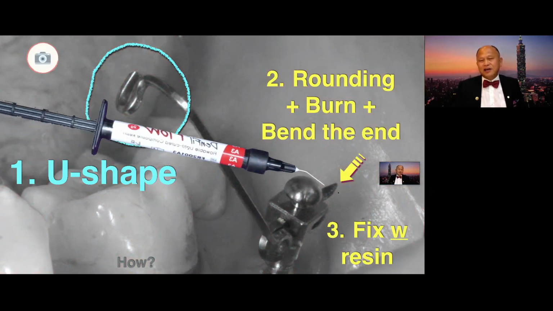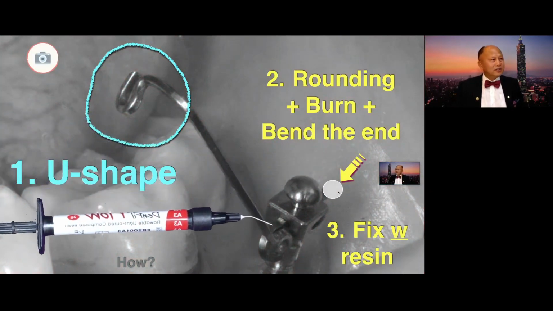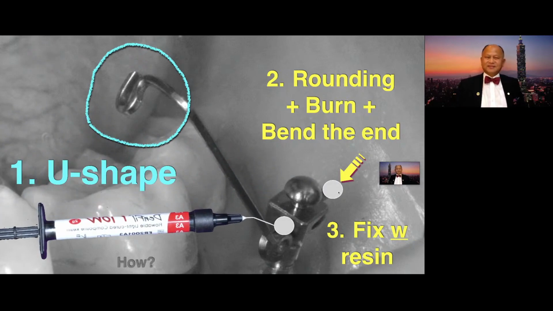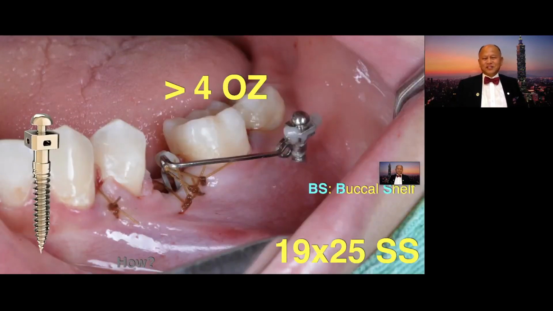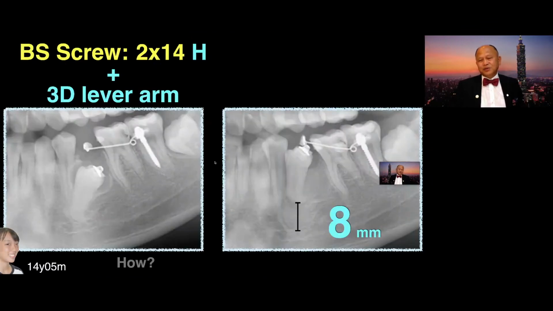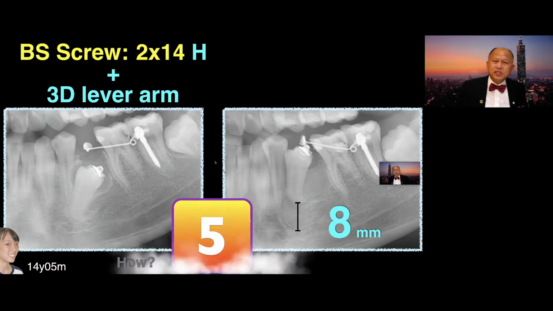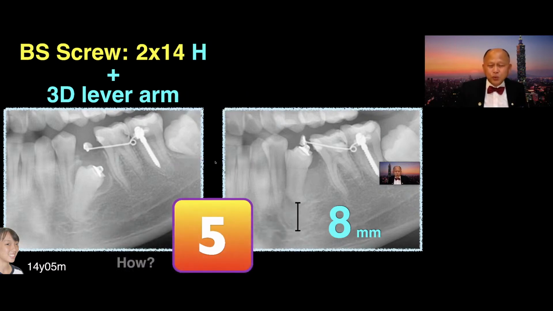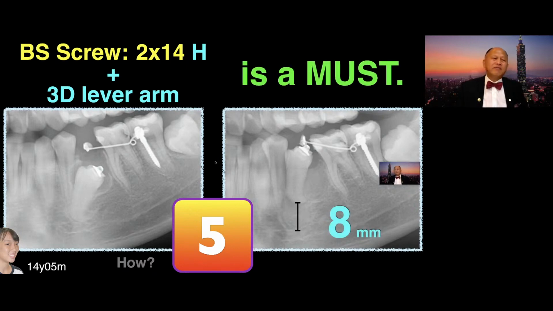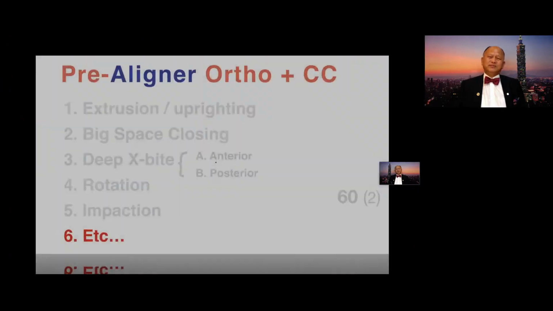And finally, I love to use flowable resin to fix that. Three tips. And for this I use 19 by 25. So with buccal shelf screw and 3D lever arm, in 5 months we raise 8 millimeters. It is a must for every orthodontist, for sure.